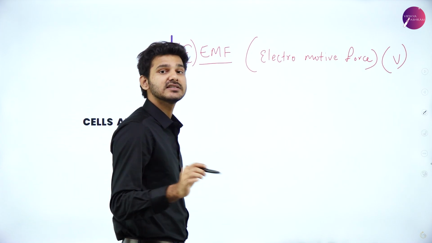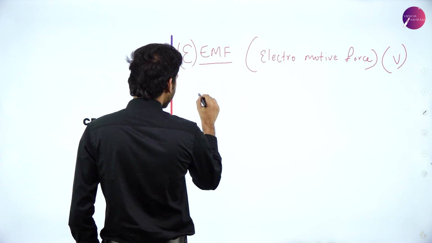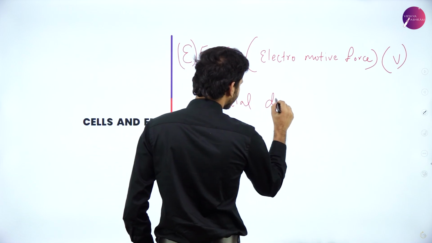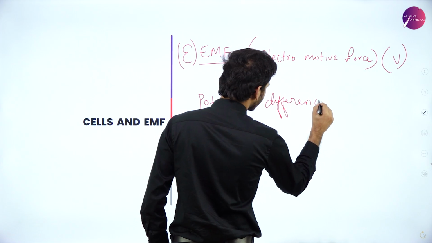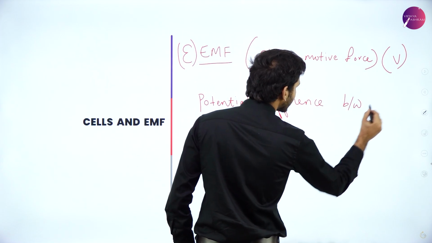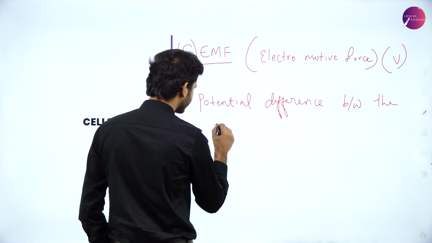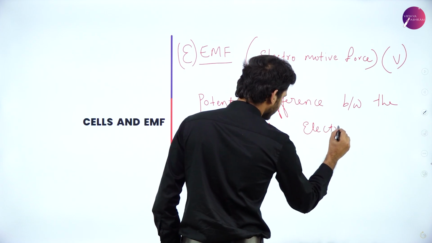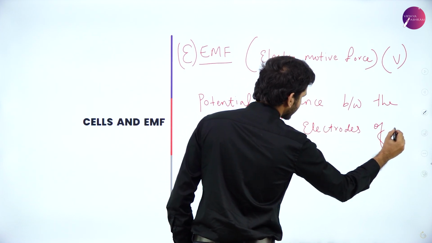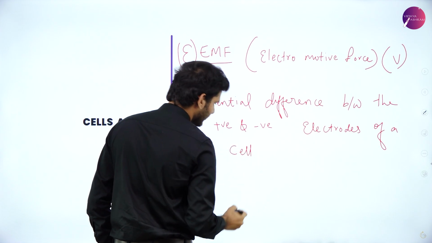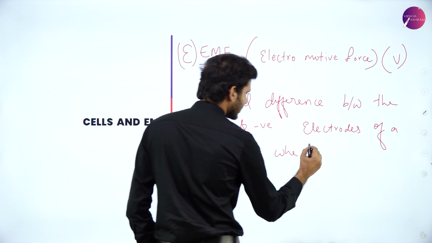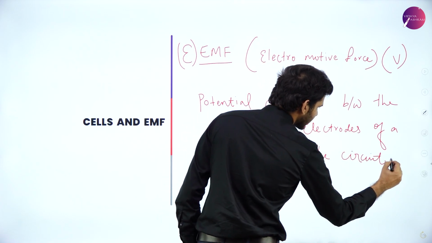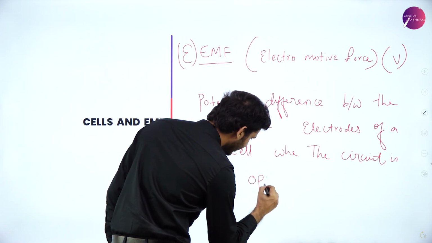Because EMF is defined as the potential difference between the positive and negative electrodes of a cell when the circuit is open.